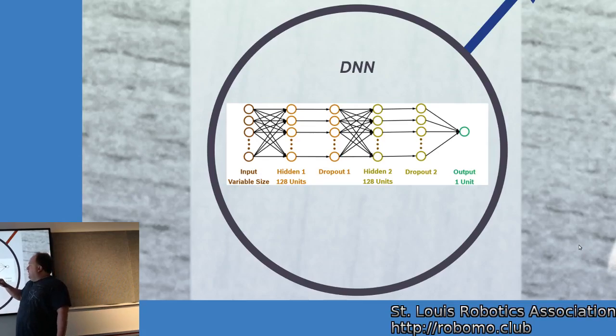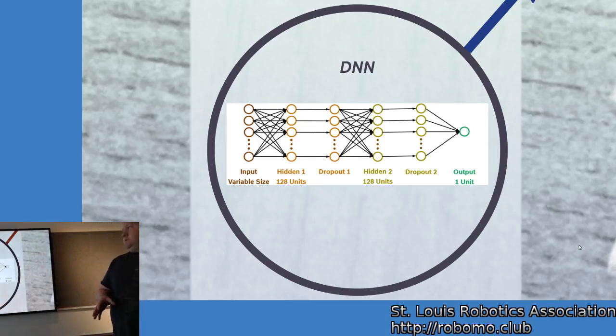Then what we can do is randomly kill the perceptrons. That's a dropout. You can just get rid of a percentage. That way it doesn't rely too much on those particular perceptrons or neurons, as I like to call them, and that prevents it from overfitting your problem too much.